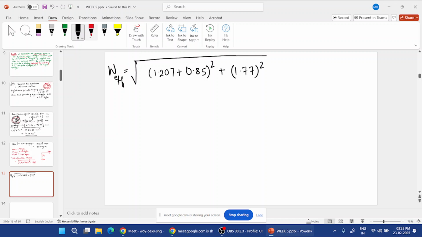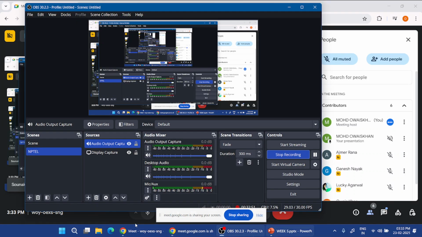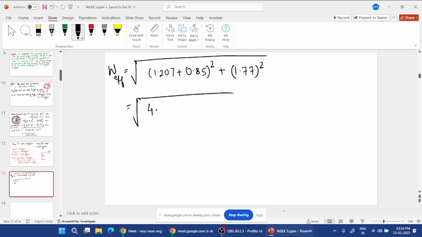Let me solve it for you. 0.85 plus 1.207, its square comes out to be 4.23. Plus 1.77 whole square, which is 3.13.